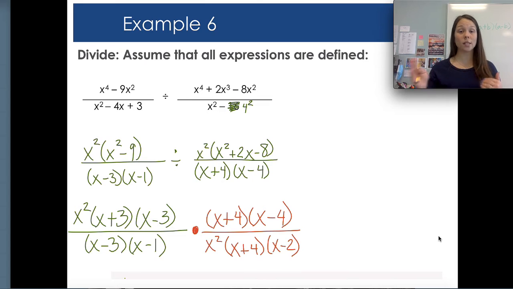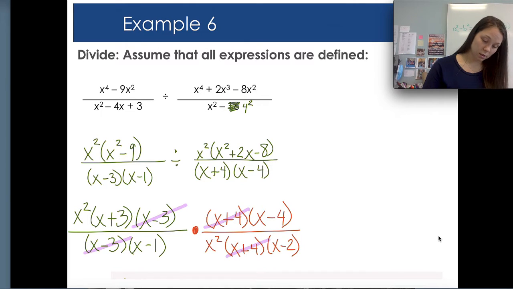Now, let's cross out any of these common factors between the numerator and denominator. Well, I have an x minus 3, and I have some x plus 4s. So within the two fractions, crossing out the common factors, and then multiplying what's left straight across, is going to leave me with, and I have to shrink this down.